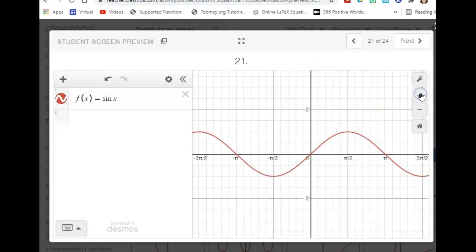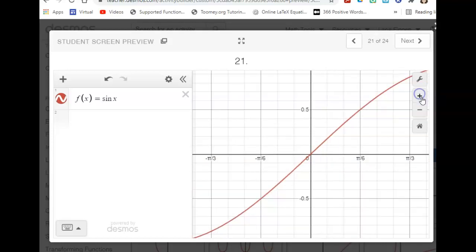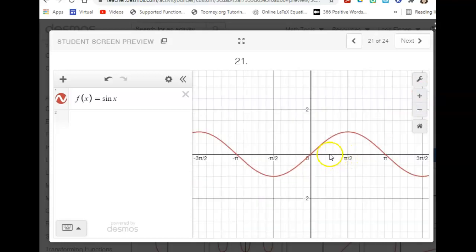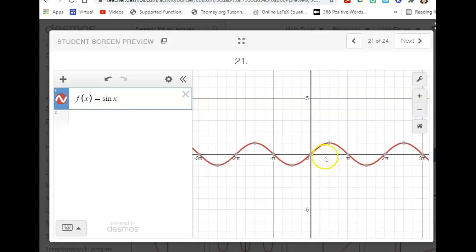You can zoom in if you want to so that you can see pi fourths. Maybe we just go to pi halves and then we know that pi fourths is in the middle of this. I think I like this view better because I can see this is pi halves, this is pi fourths. As I'm getting here, clearly it exists, and there's not an undefined there.